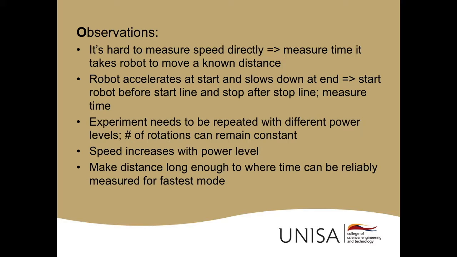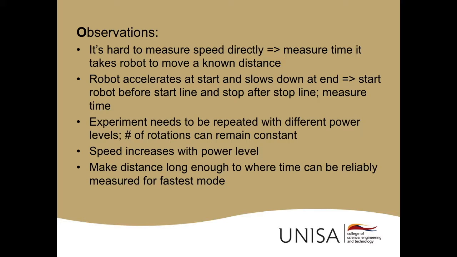Now, one thing to notice is that at the beginning of a motion, the robot accelerates, and at the end, it slows down, so it doesn't move at a constant speed. So if we want to know the speed for a power level, that's assuming that the acceleration has already happened and that the robot hasn't slowed down yet.